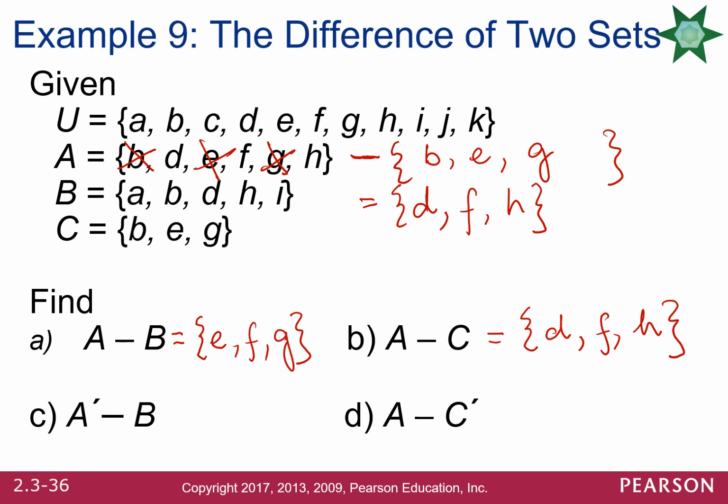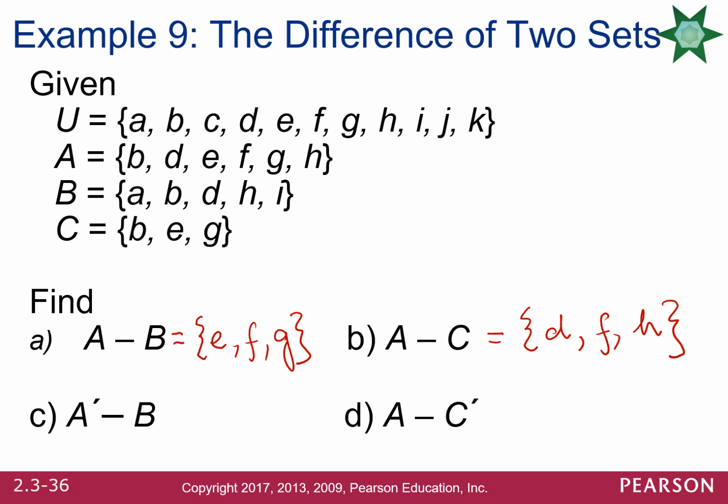All right. The next one is A complement minus B. So this time we have to first figure out what A complement, or A naught, is, and then we have to subtract the elements of B from A naught. So let's again make space to work on part C of the problem. So first we have to figure out what A naught is, all right?